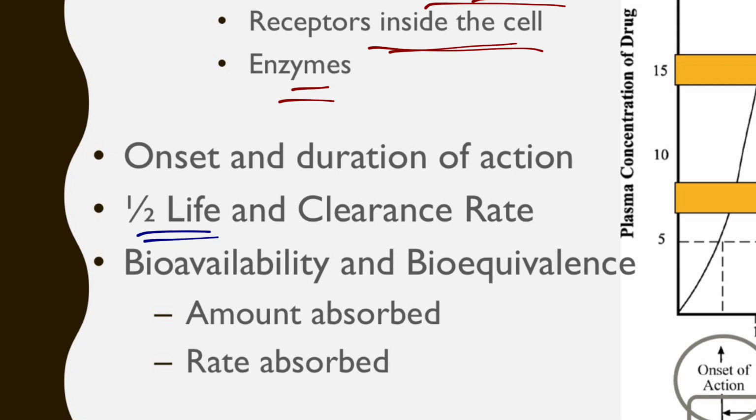The first one is how much of the drug that we either orally ingested or injected or inhaled is actually going to be available to us after we metabolize it and break it down, right? How much of it is going to be available to us? And then based on how much is available, how quickly or slowly will that be absorbed and then be distributed to the site of action, right?